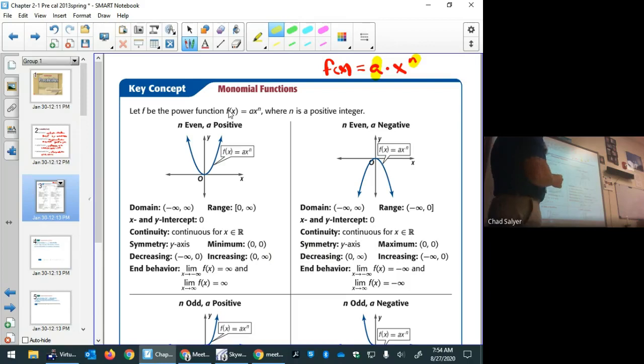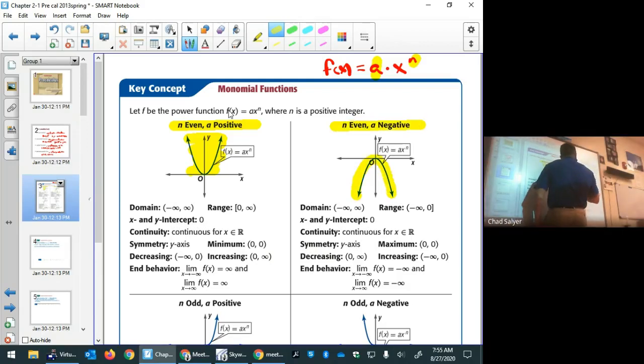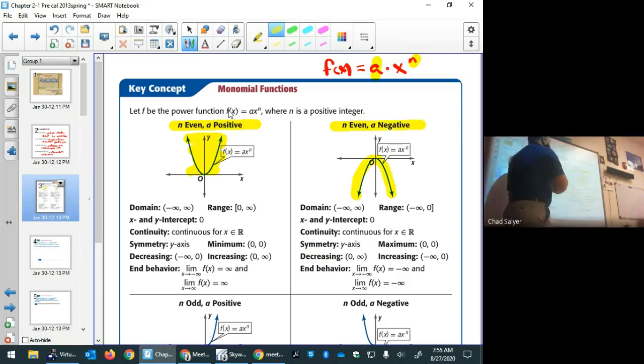So n's evenness or oddness affects the way the function behaves, and a's positivity or negativity affects the way the function behaves. All you need to know from this page are these general shapes. When n is even and a is positive, it will have this general shape. This stuff in the middle can be a little different, but it will, in general, look like this. When n is even and a is negative, you'll have this kind of shape.